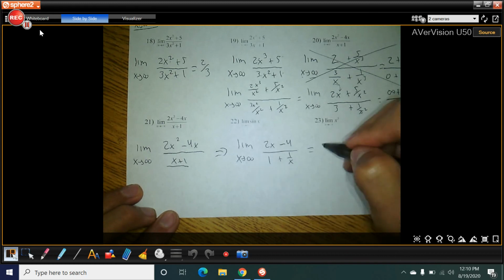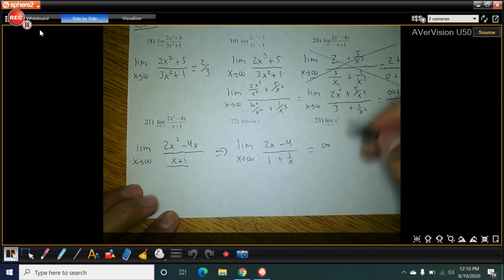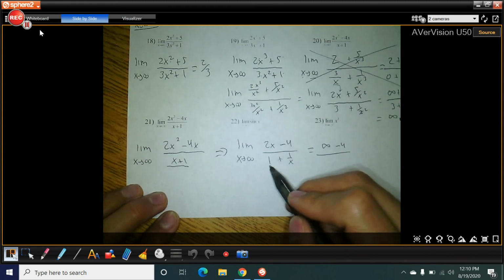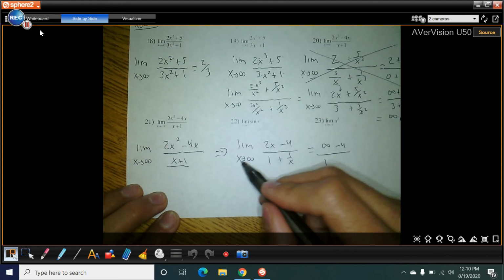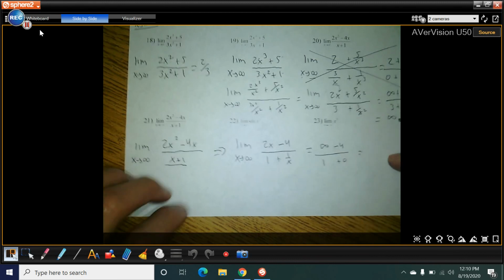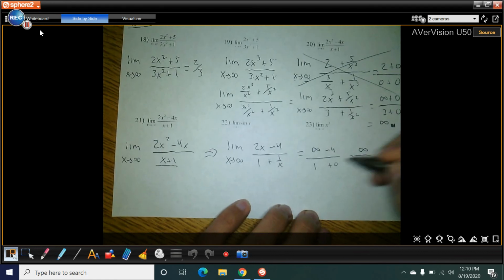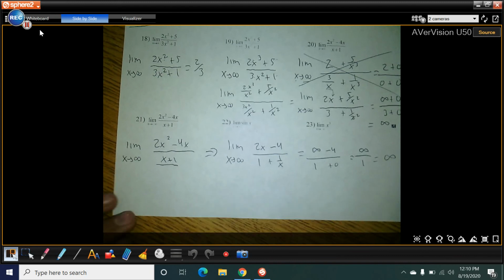So infinity times 2 is just going to be infinity. The limit as x approaches infinity of negative 4 is just going to be negative 4 itself. The limit as x approaches infinity of 1 is going to be 1 itself. And then the limit as x approaches infinity of 1 over x is going to be equal to 0. So think this through. Infinity minus 4 is going to be infinity. And then 1 plus 0 is going to be 1, so that's just going to give us some type of infinity.